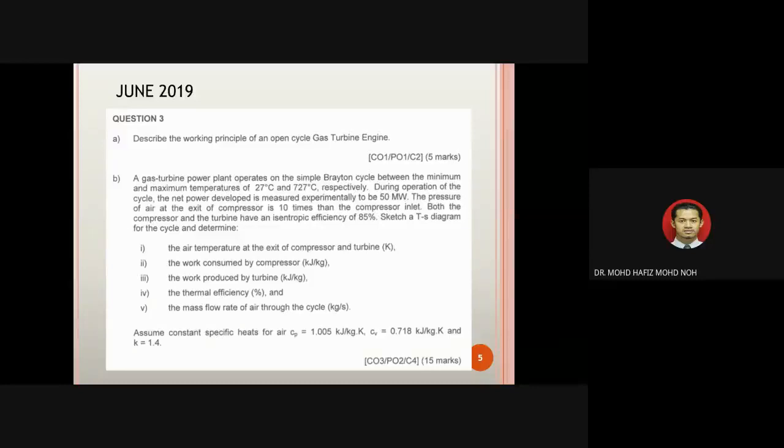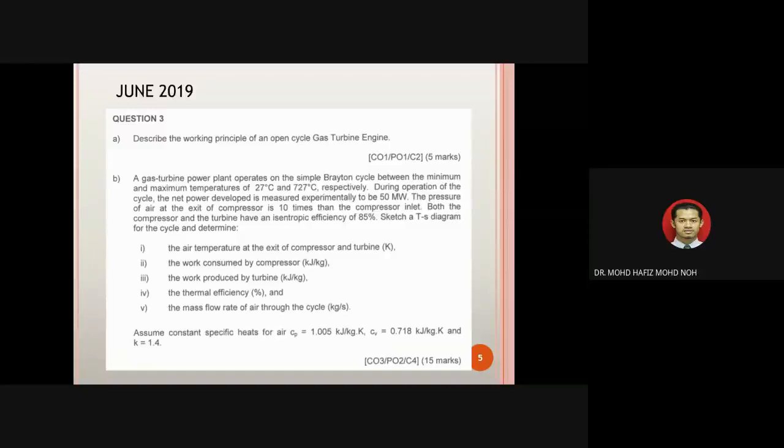50 megawatt. The pressure of air at the exit of the compressor is 10 times the compressor inlet. So what it means is that the pressure at the exit of the compressor is P2, the pressure at the inlet is P1, and the ratio between P2 and P1 is equal to 10. Basically, they give you information about the pressure ratio. And then both the compressor and turbine have an isentropic efficiency of 85%.